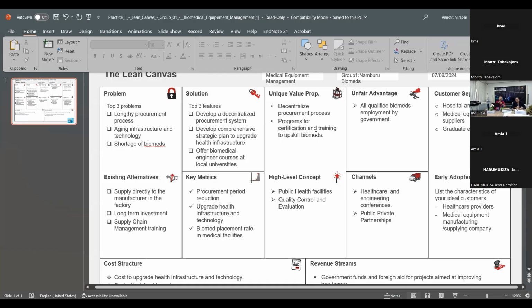So firstly, I think you need to be clear about the procurement process right now of your country or of your organization. After you see the picture of the procurement process flow, you can see which part you can develop and include into your system, and apply technology in your process.